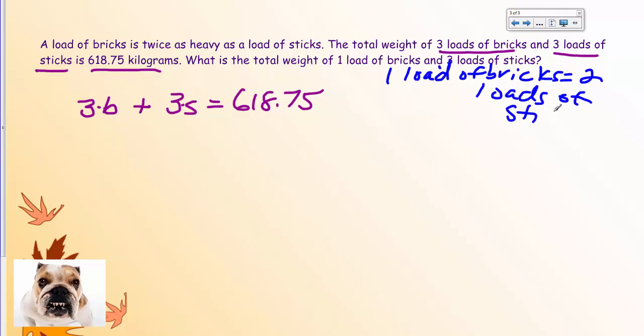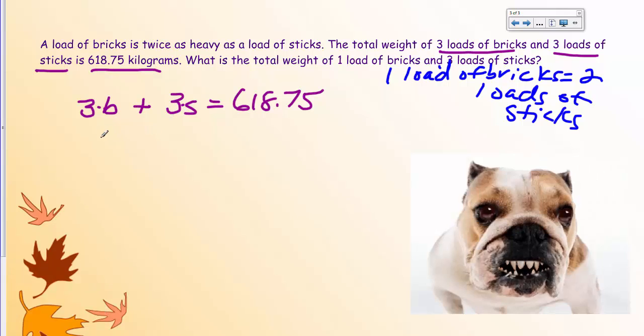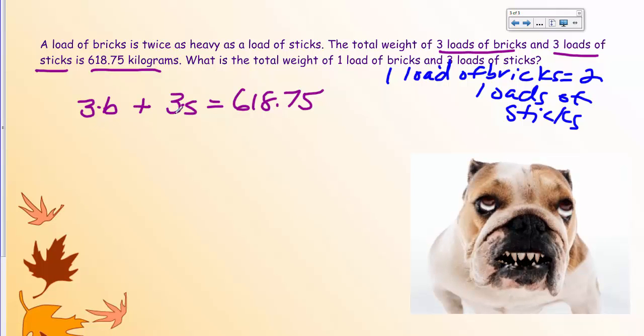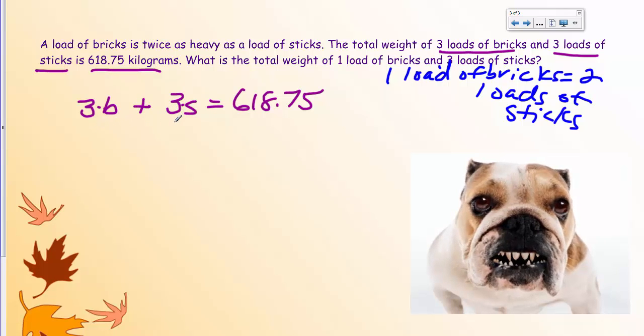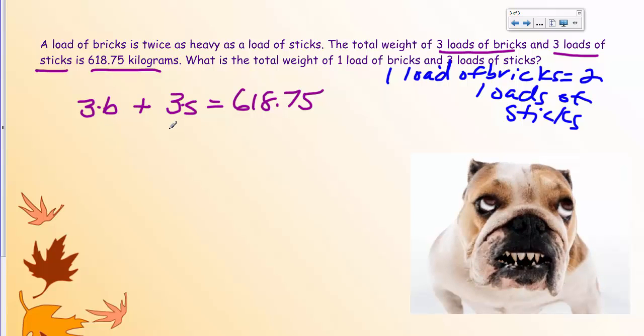I'm writing this fast here because I don't know where I'm at with my time. So 1 load of bricks is equal to 2 loads of sticks. Therefore, 3 loads of bricks would really be double that, which would be 6. Are you with me on this one?